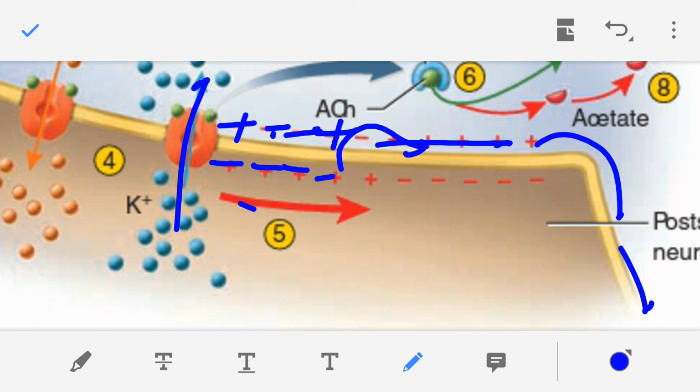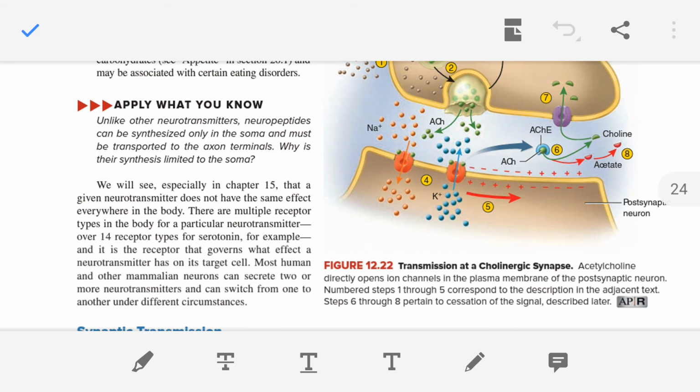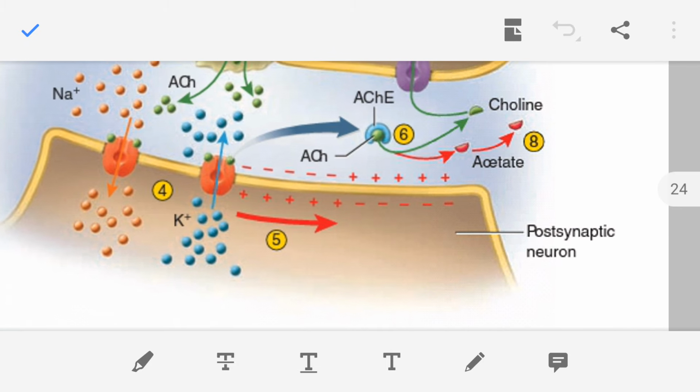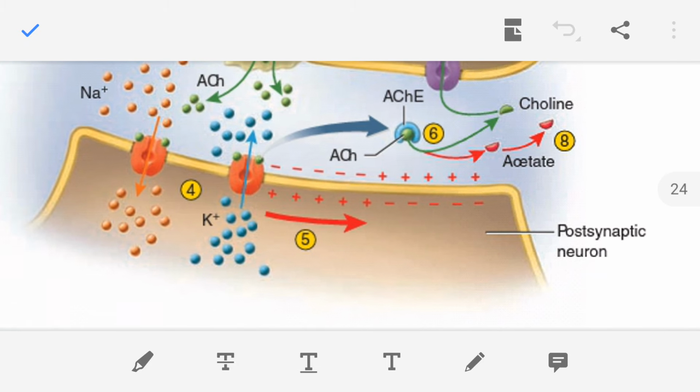So this wave of depolarization and repolarization is reaching toward the axon terminal of the postsynaptic neuron. We can say the potential of the postsynaptic neuron is changing due to this depolarization and repolarization, and the nerve impulse is propagating and will trigger the axon terminal of the postsynaptic neuron.